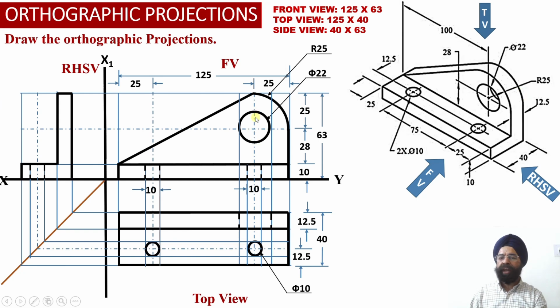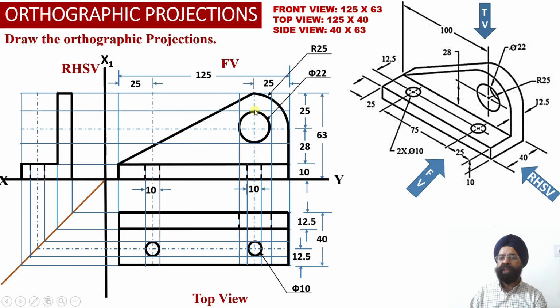Now corresponding to this hole, which we have already obtained into the front view projections, we have extended two horizontal projector lines into the right hand side view projections over here, corresponding to the diameter extreme points of this circular hole.